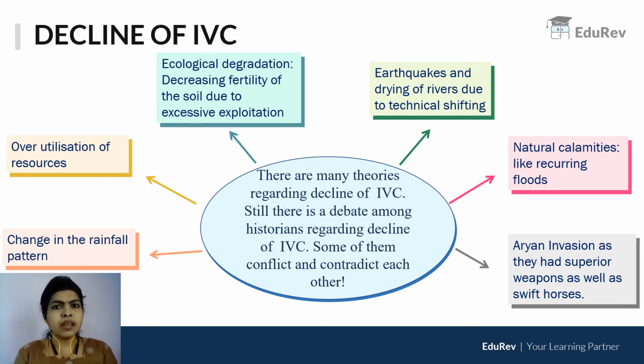So they say that the earthquakes have caused the shifting of the rivers, because of which there is a drying up of the existing grounds, and this might have caused the decline of IVC. Natural calamities like recurring floods, Aryan invasion. So these are some things which have been quoted as the probable reasons for the decline of IVC.